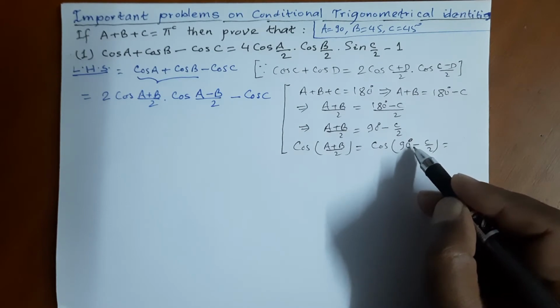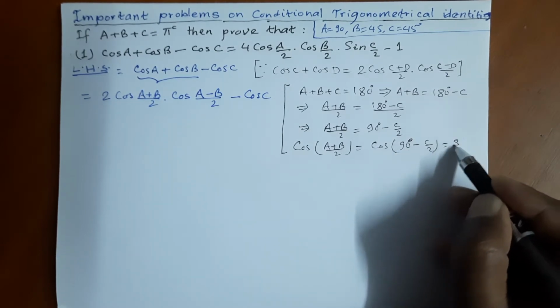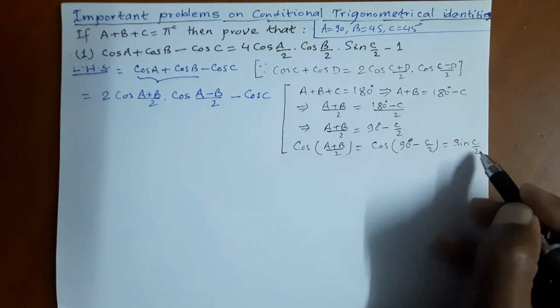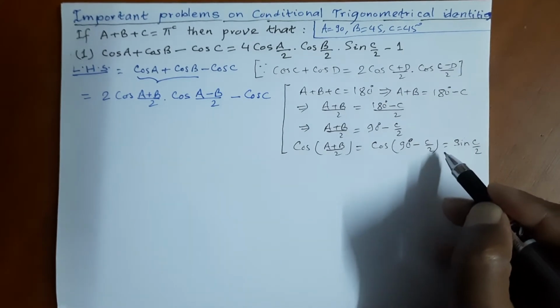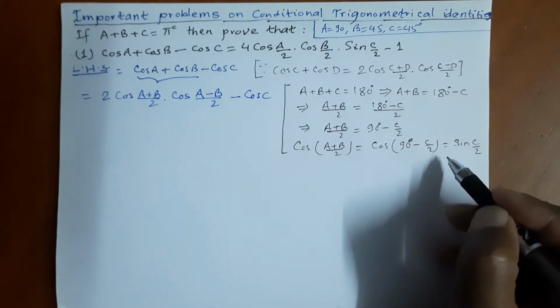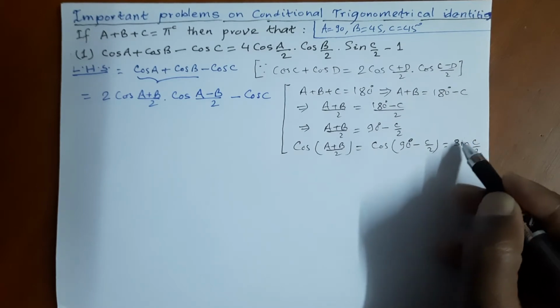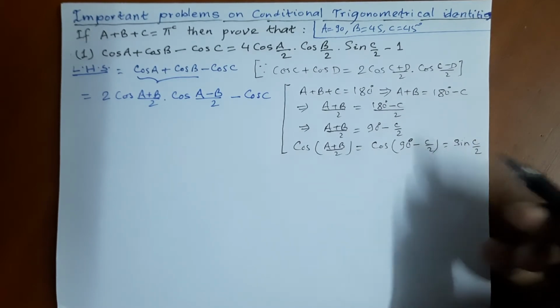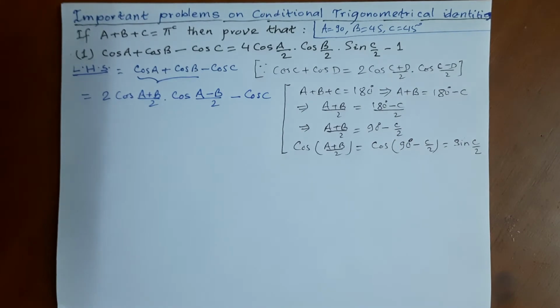If the multiple of 90 is odd, cos changes to sine. Sine C over 2, as 90 minus C over 2 lies in the first quadrant, where all are positive, so there is no change in sign. So cos of (A plus B) over 2 equals sine C over 2.